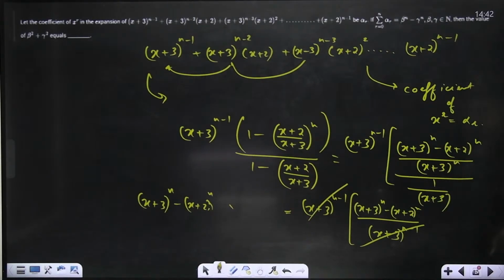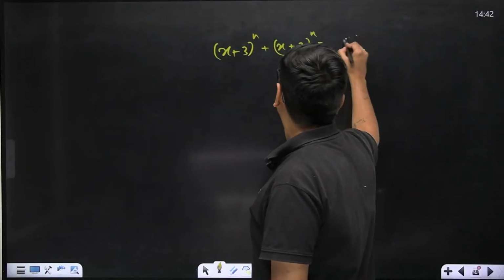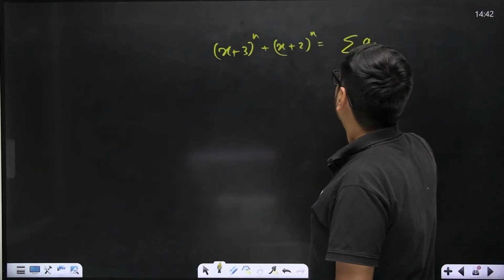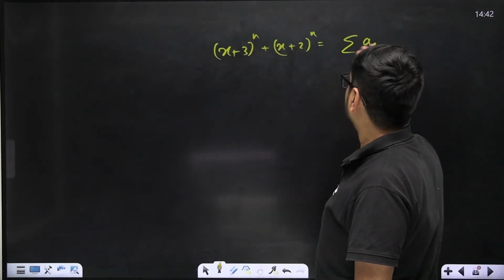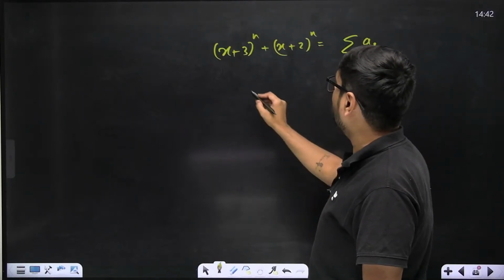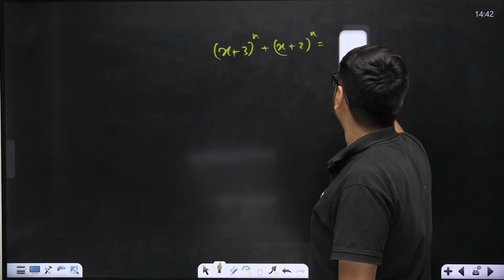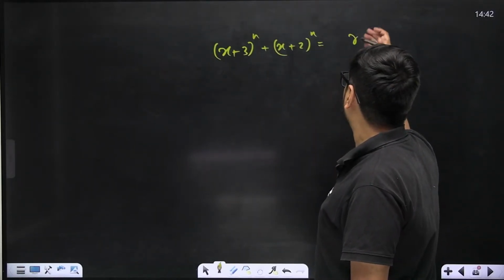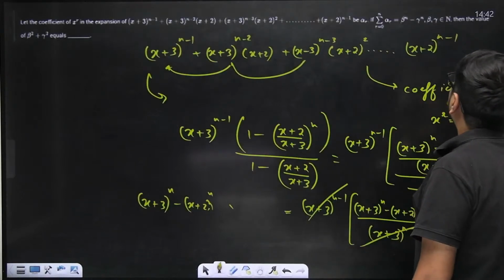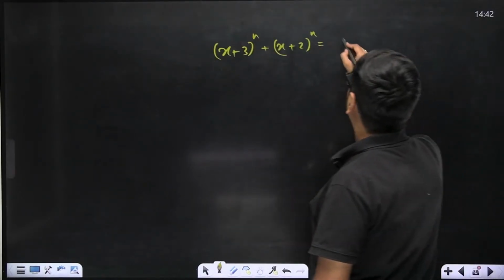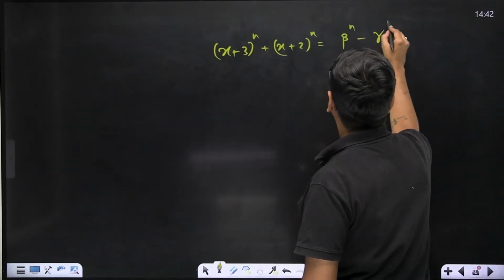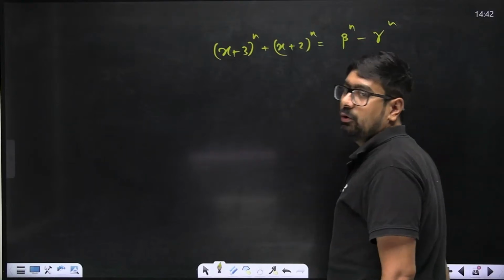Now you put x equal to 1. In this, your summation of coefficients, this is your coefficient, for r equal to 0. Now you put 1 on both the sides. This is equal to alpha to the power n, beta to the power n minus gamma to the power n. This is your beta to the power n minus gamma to the power n. Now you put x equal to 1 over here.